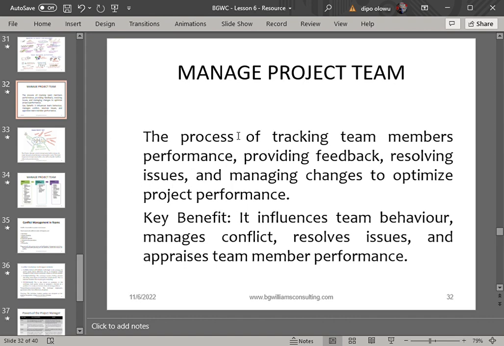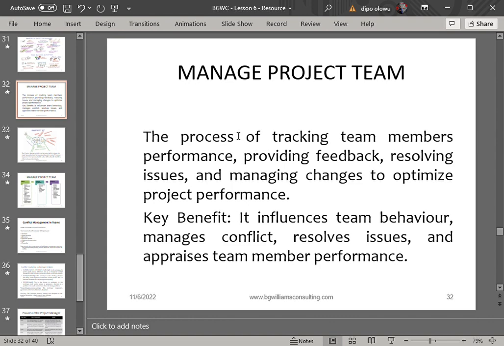Now, when we say manage project team, just like Kennedy said, one of the resources that is difficult to manage is human, people. Because people are what form your team, technically there is a possibility that there will be some level of conflict in your project.